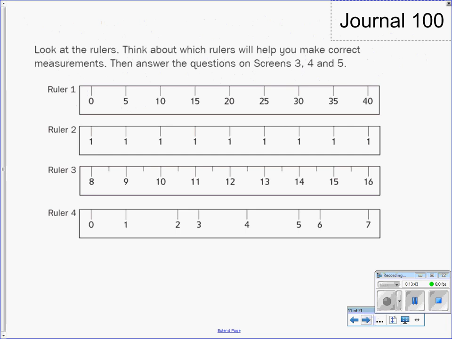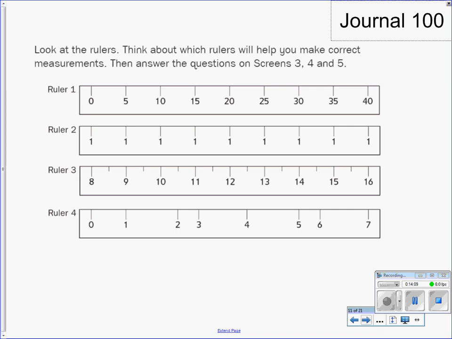Okay, let's look at these rulers. Now, we're turning to journal page 100. If we look at these 4 rulers and think about which ruler we use to do our correct measuring, for question number 1, it says, which ruler can you use to measure accurately?